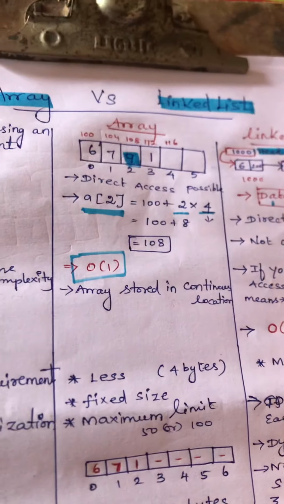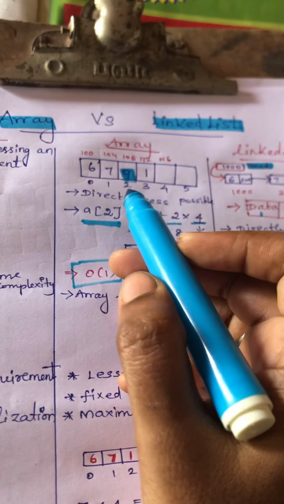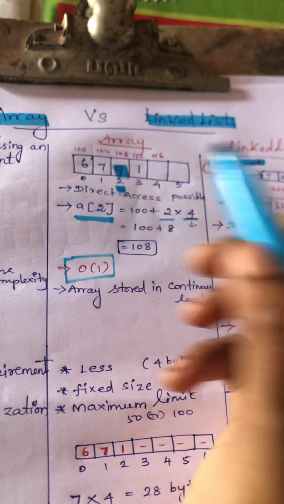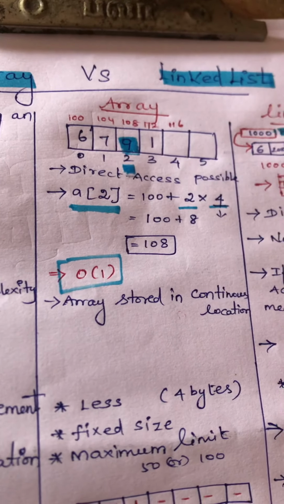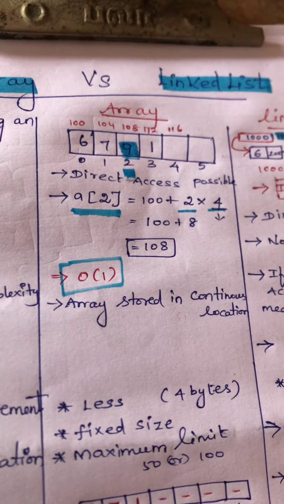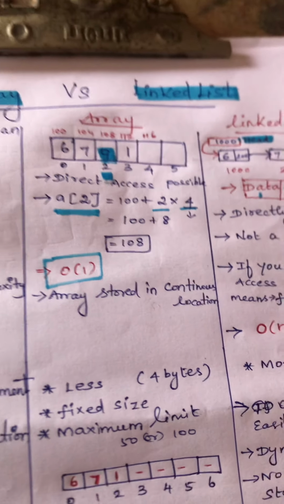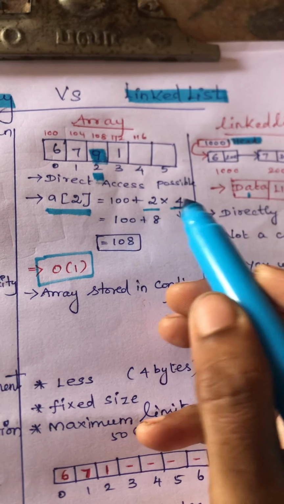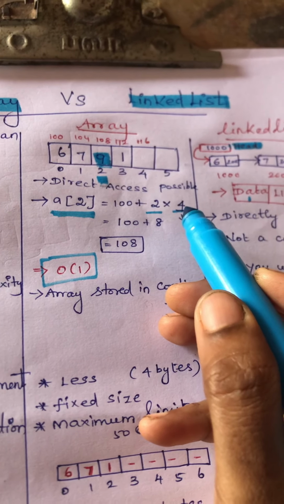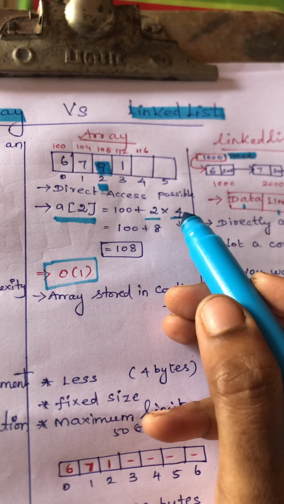If I want to access the second position element in the array, a of 2, direct access is possible. How does the compiler do it? From the base address. To calculate, base address plus the position I need, the second position value, means 2 into 4. 4 means bytes: how many bytes are occupied for each element?